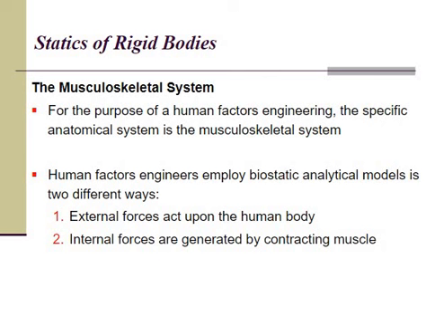Human factors engineering applies biostatic analytical models in two different ways. The first one is the external forces acting on the human body, for example, the load that we carry. And the second one is the internal forces generated by the contracting muscles, which is how the body will react while we are carrying the load.